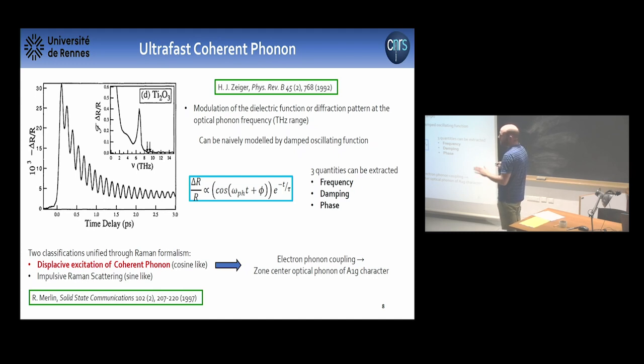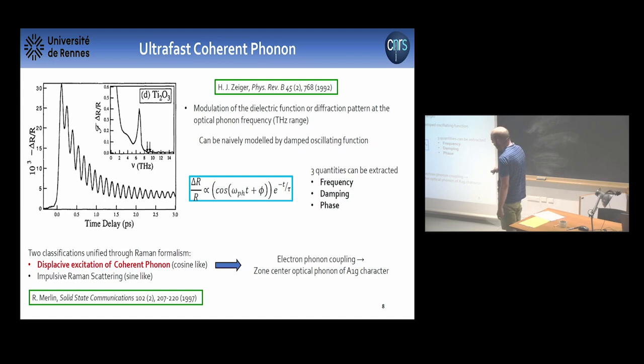And if you're really lazy and you just want to do the simplest analysis you can do, you will consider that you could fit this with an exponentially damped oscillating function, so cosine, and you can extract, in principle, frequency, damping, and the phase. Back in the days when this was observed for the first time, there were two mechanisms to describe the optical phonon: the displacive excitation of Coherent Phonon and the impulsive Raman scattering.